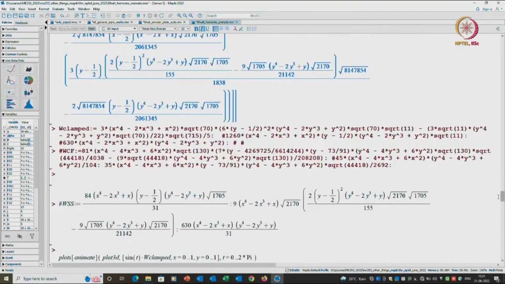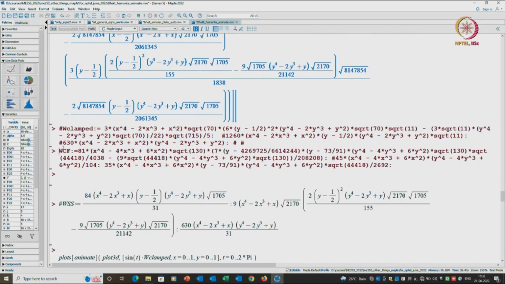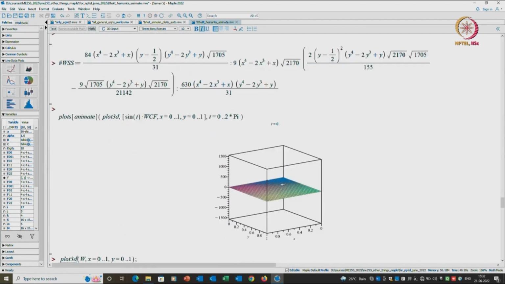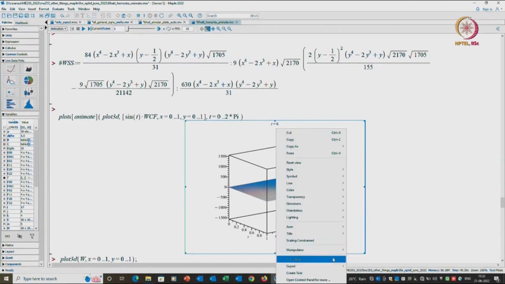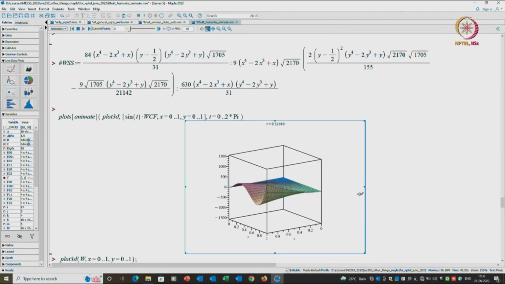So let us now take the clamped free. I will comment this one. This is a clamped free case.